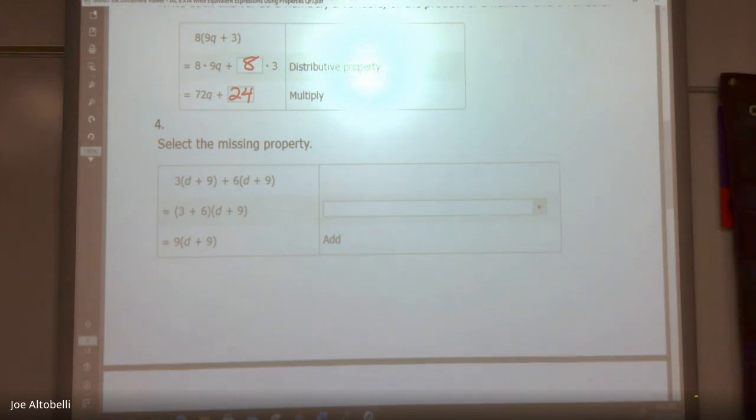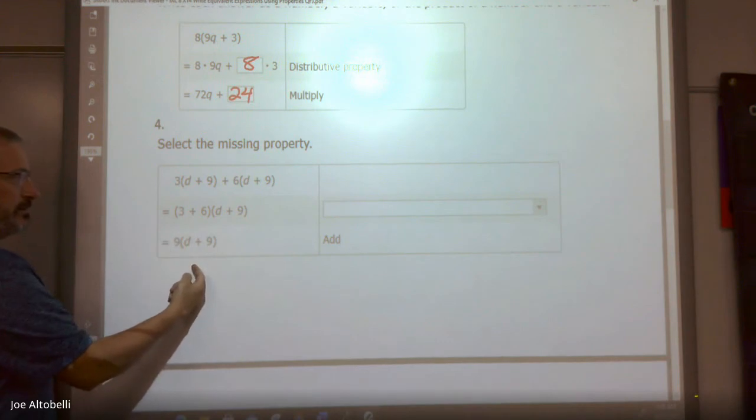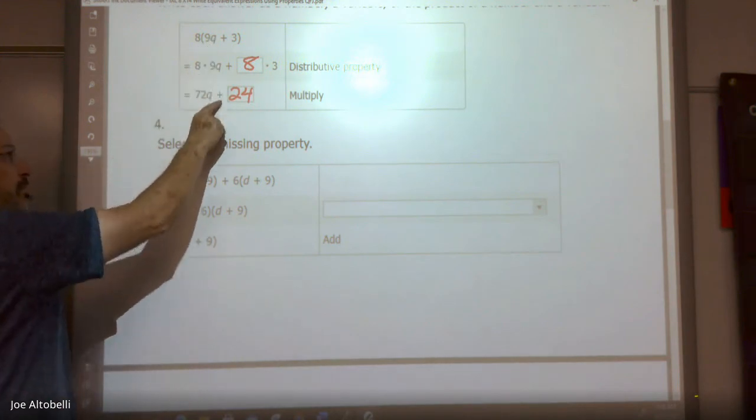Okay, now the hard part on this one is figuring out what property it is. You have your commutative property, associative property, distributive property. Those are going to be the 3 for sure that they're going to list. And then they might throw in another random property. Going down to here, what does this look like? It looks like the distributive property, right? And we multiply it out.